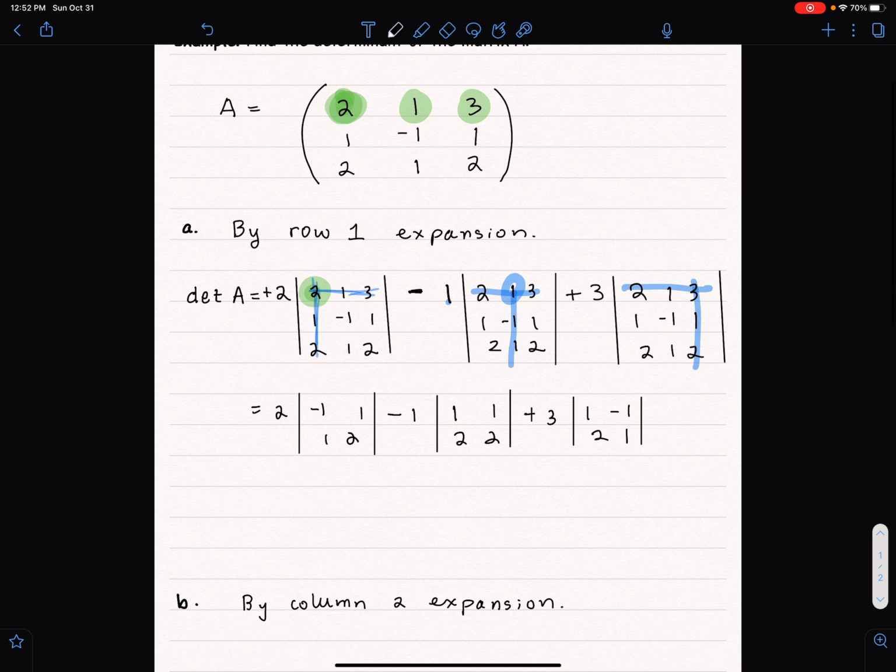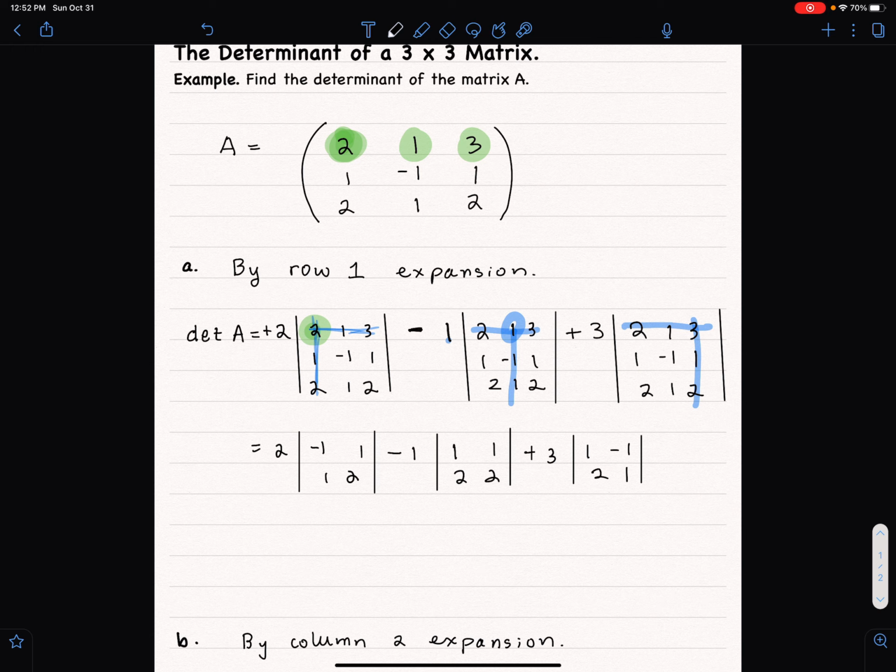Now I see I started off with a 3 by 3 matrix and I'm down to a 2 by 2 matrix. And by the way, if I started with a 4 by 4, I would do this method, really the same, and then I would get a sum, or linear combination really, of 3 by 3 matrices, and then I'd use this method to get down to 2 by 2.